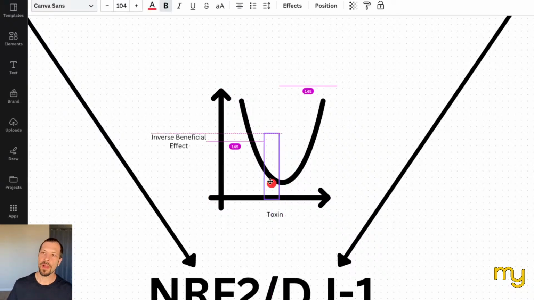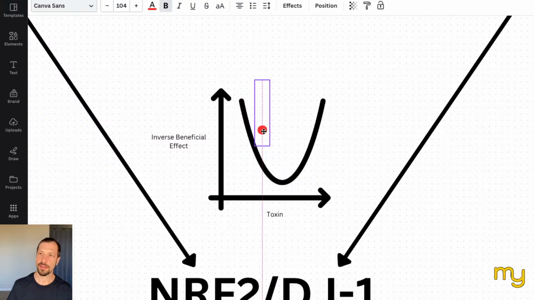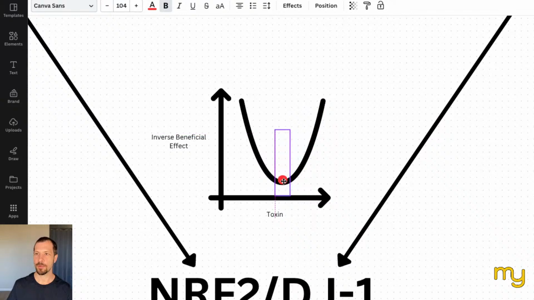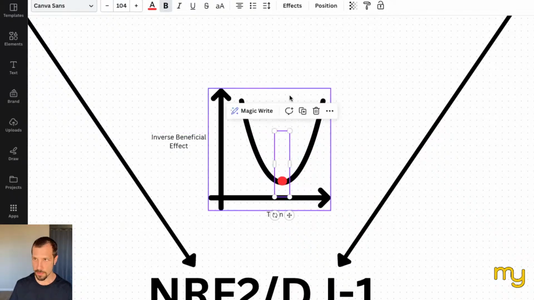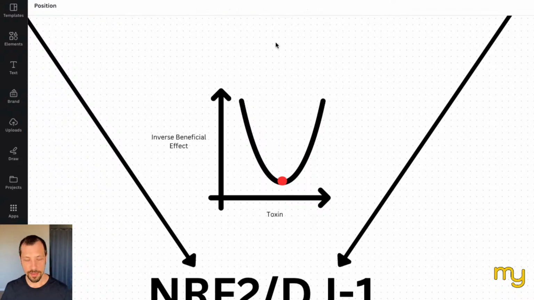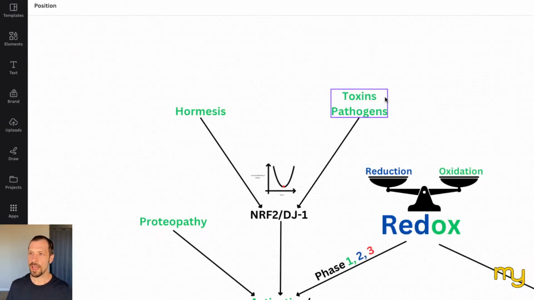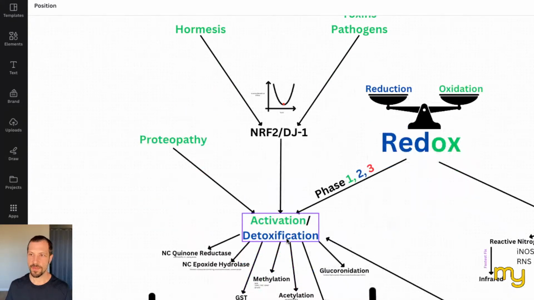So if this red dot, if we were to add this much toxin, you would not get that beneficial effect. If you added too much toxin, you would not get this beneficial effect. If you were to just get the right amount, then you get the inverse beneficial effect. And this is where we get the term saying the dose is the poison. All right. So once you understand that, you can see how just a little bit of a toxin or a pathogen or just a little bit of stress can activate the benefits that you get.